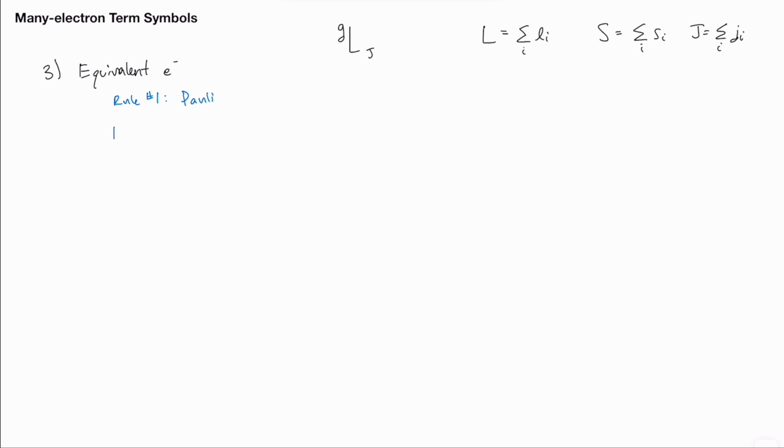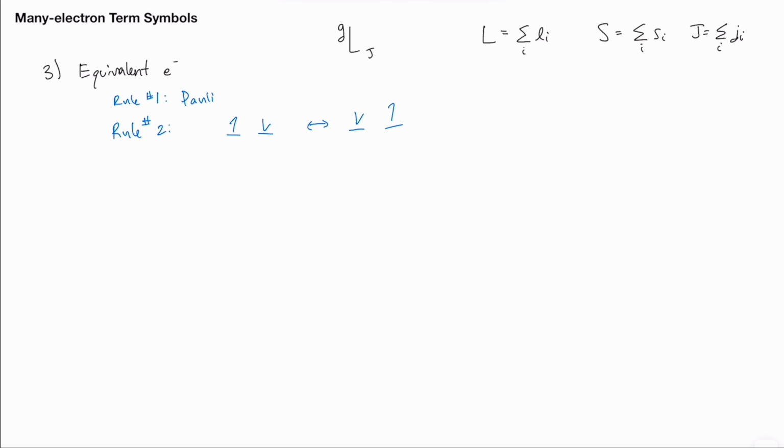Okay, and then rule number 2 is that electrons must be indistinguishable, right? So in other words, if you have 2 electrons sitting in 2 different orbitals, so this is one configuration, up and down, and you can imagine having another configuration, which is like down and up, maybe.